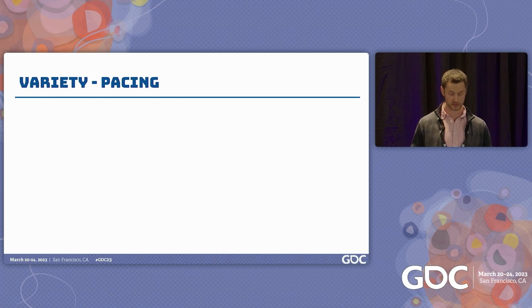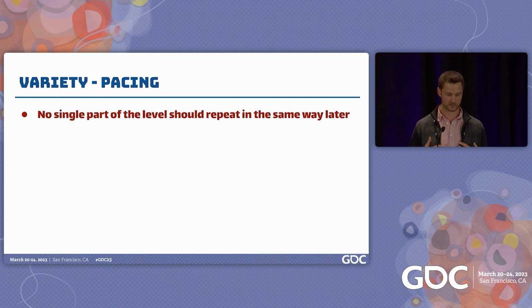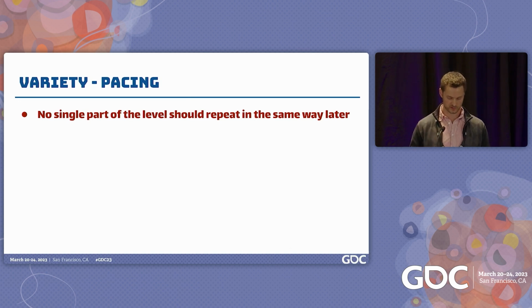So next thing to talk about is variety and pacing. This was another really important aspect that I found when making the levels. My aim with the levels was to make sure that there was no single part of the level that would repeat in the same way later in the level. So whenever I had some section of gameplay, I'd make sure that if it was repeated, it would repeat in a different way.